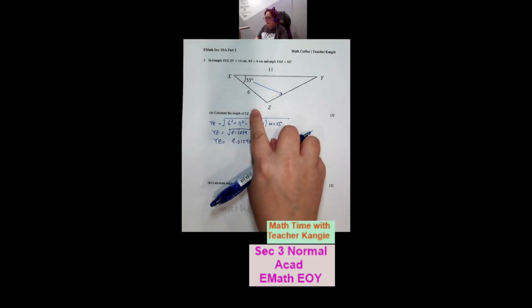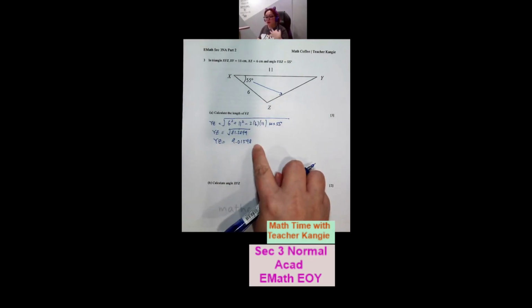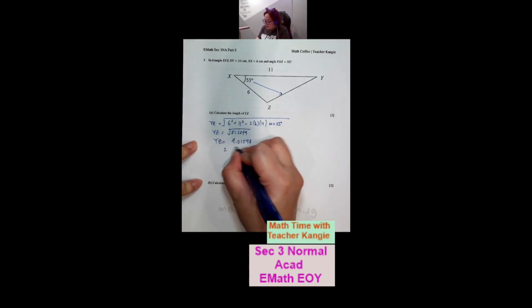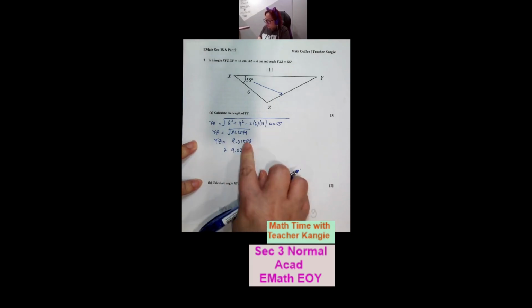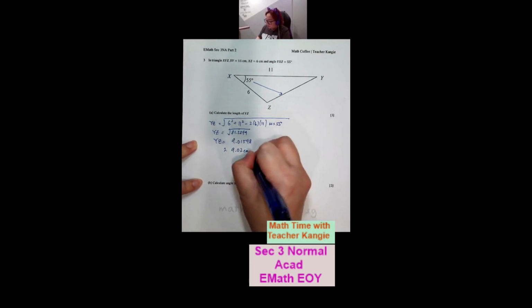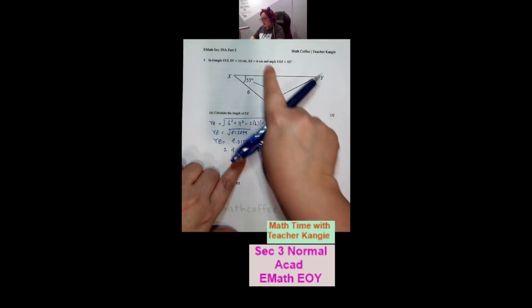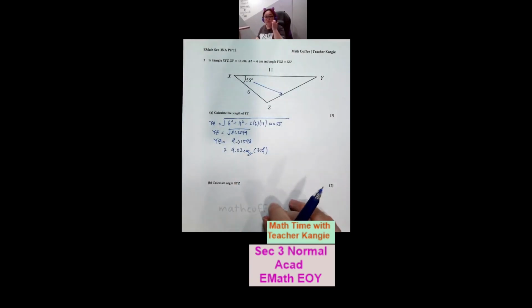So they want to find this YZ. When this answer is not exact, you round off to 3SF, so 9.02, because this is 5, so you need to round this one up. Done. Okay, it's cm. Always check the unit. And this is how you use cosine rule.